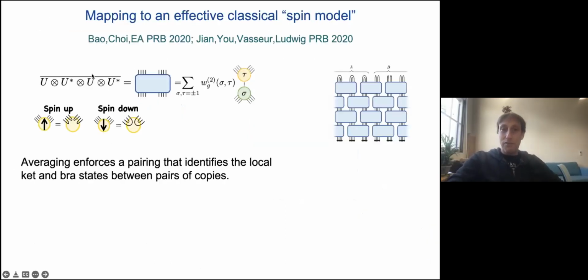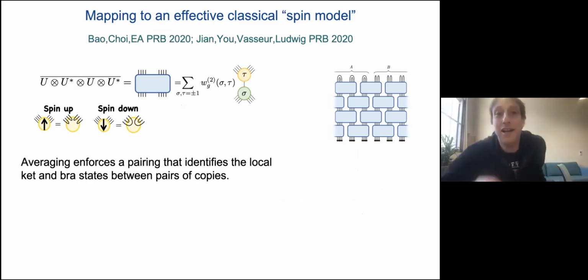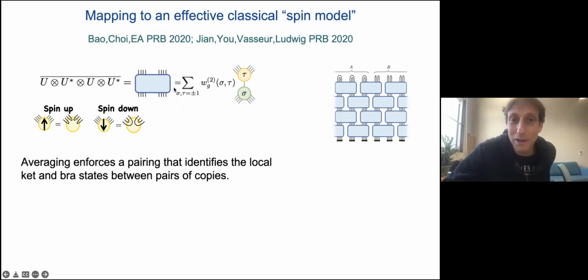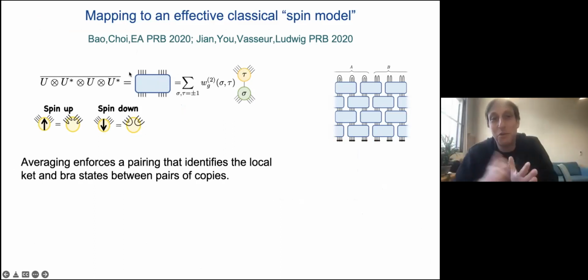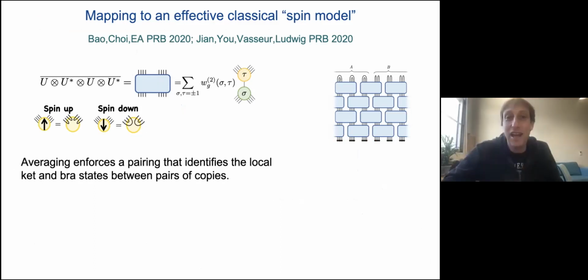So I need to average over the unitary U times U star times U times U star. If I do that, it turns out that this projects me to, while I have many possible outcome states, because I have, for example, many qubits coming in and many qubits coming out because it's a quadrupled system.